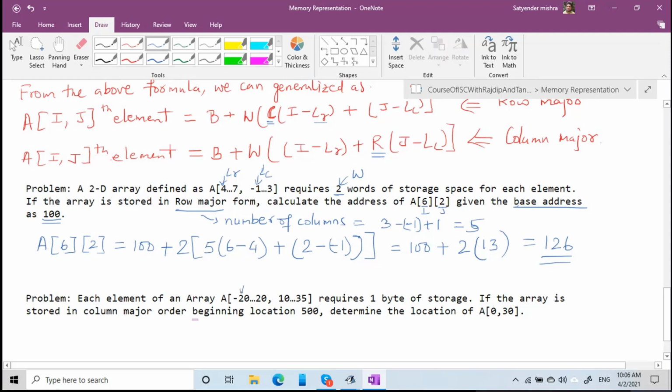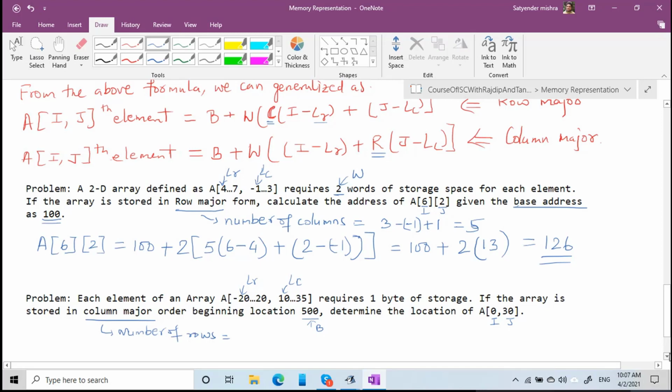So this is LR, this is LC, and this is the base address, which is B, and this is your IJ. This is column major, so you need to calculate the number of rows.